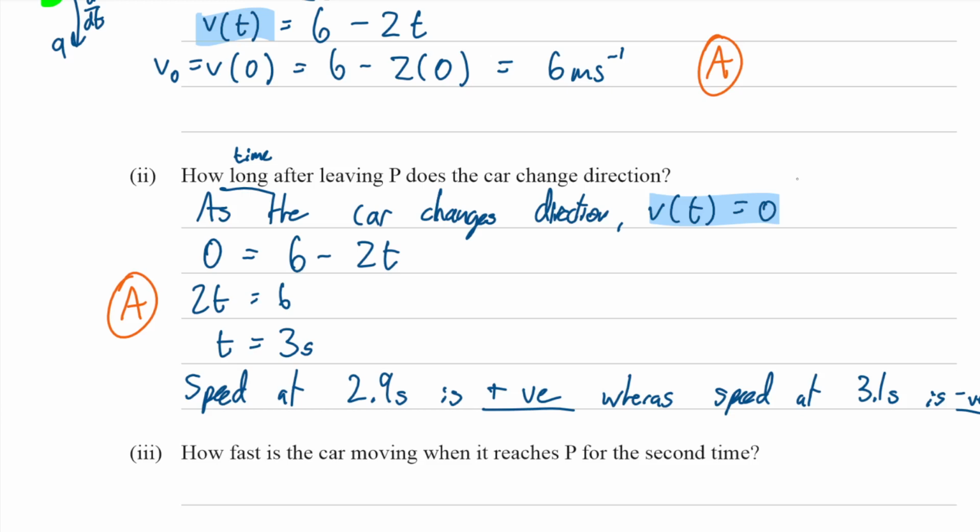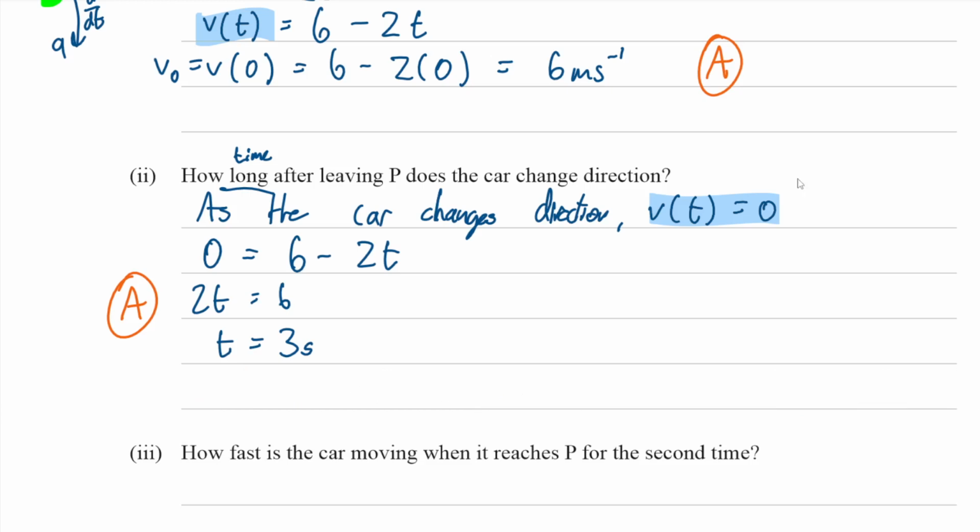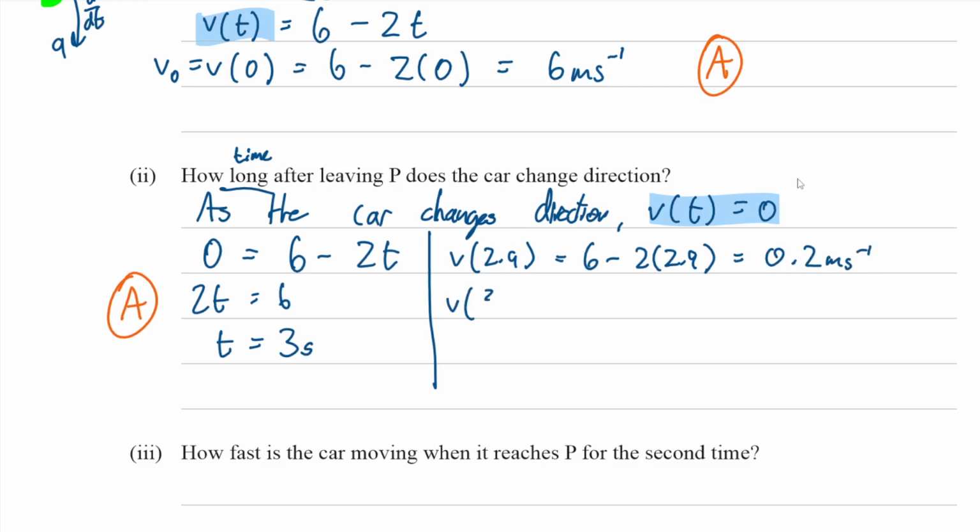And to actually show that, all we'd need to do is substitute into the speed equation. So 6 minus 2 times 2.9 would be, what is that, 0.2? Yep, so right before 3 seconds it has a positive speed, whereas right after 3 seconds it has a negative speed.